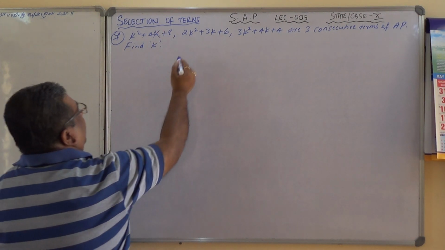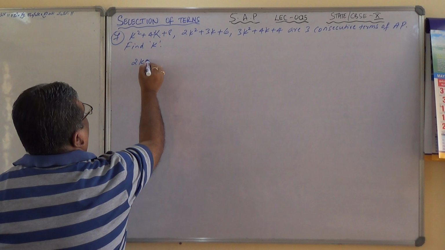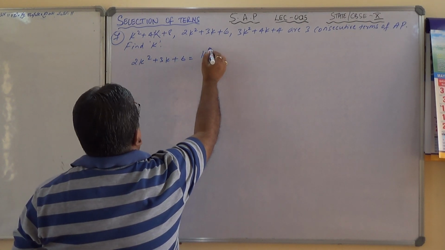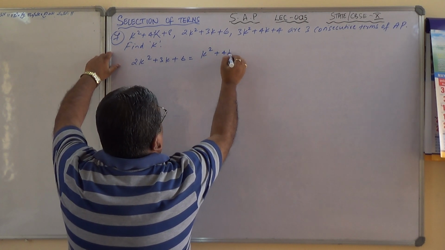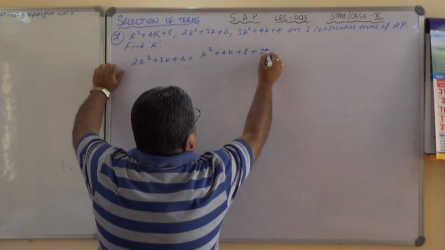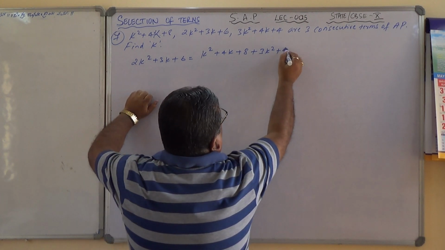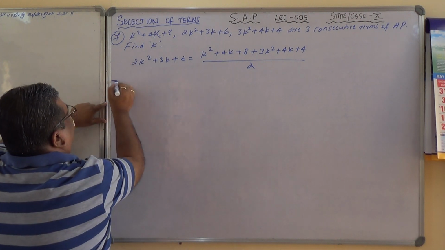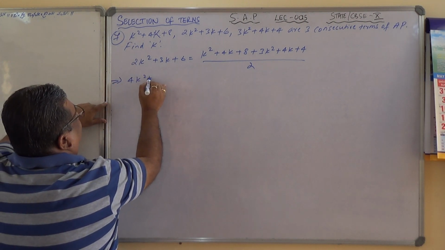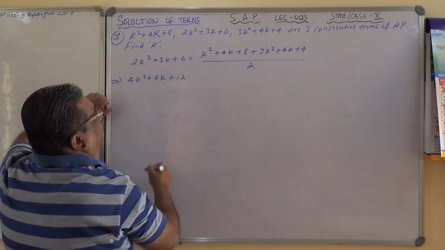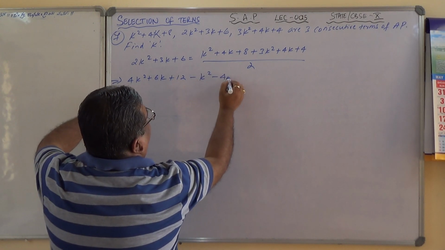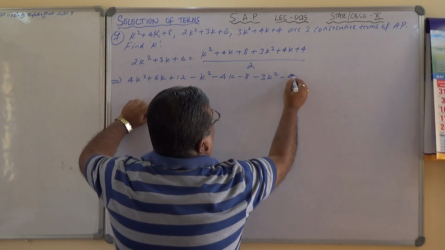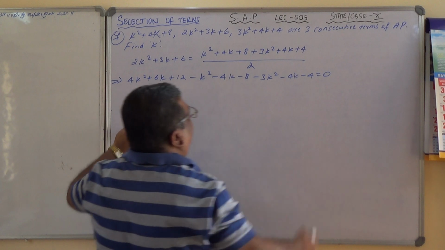I am taking a lot of shortcut here, directly writing: 2k square plus 3k plus 6 equals k square plus 4k plus 8 plus 3k square plus 4k plus 4, the whole divided by 2. So multiply to this one: 4k square plus 6k plus 12 minus k square minus 4k minus 8 minus 3k square minus 4k minus 4 equals 0.